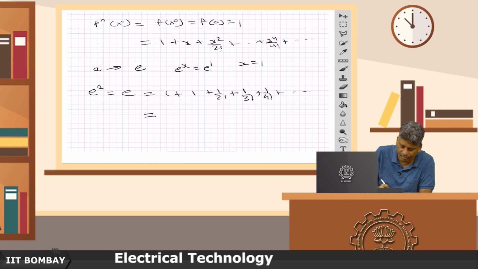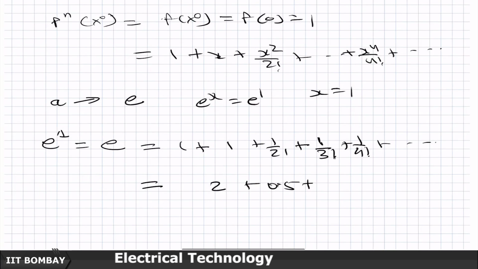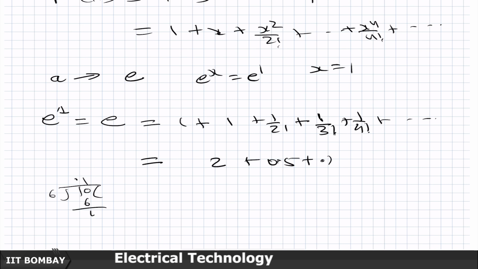And so, you can see first 1 and 1 will give you 2, plus 1 by 2 factorial will give you 0.5, plus 1 by 3 factorial is 0.5 by 3 or 1 by 6, which is 0.166.